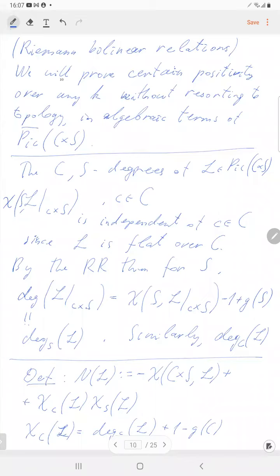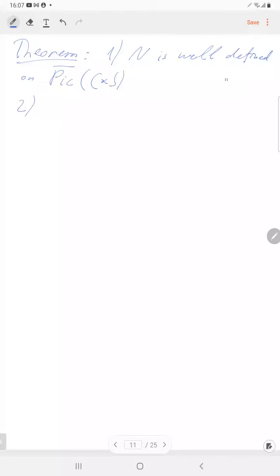So let me formulate the key theorem we'll prove next time. First of all, this n is well defined on the quotient group. Second, it is always non-negative.